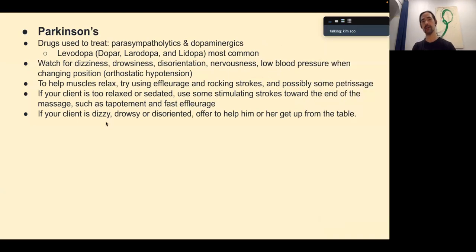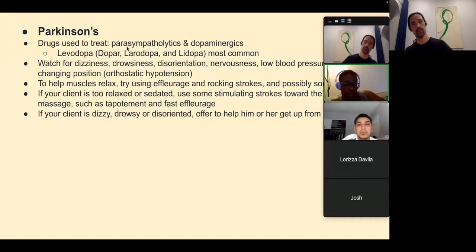So, okay, now Parkinson's disease. Drugs used to treat Parkinson's disease include parasympatholytics, parasympathetic nervous system, parasympatholytics.